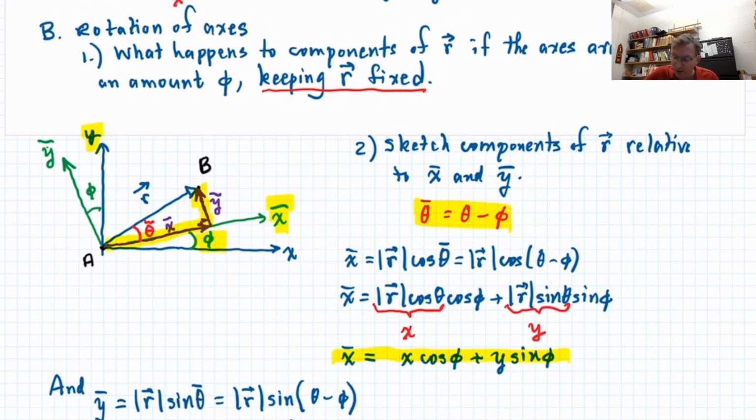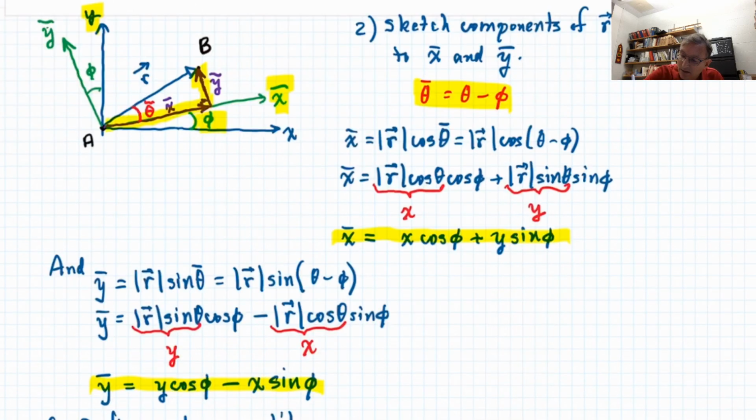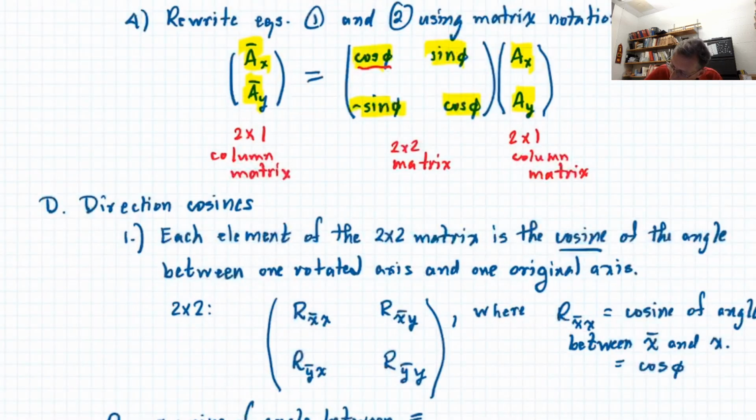Now what is the angle between them? Well, I contend that it's 90 degrees minus phi. See that? 90 degrees minus phi. So that's what I need to calculate here. Cosine of 90 degrees minus phi.